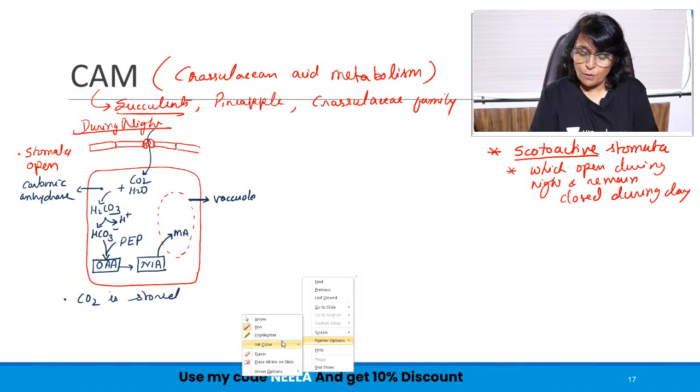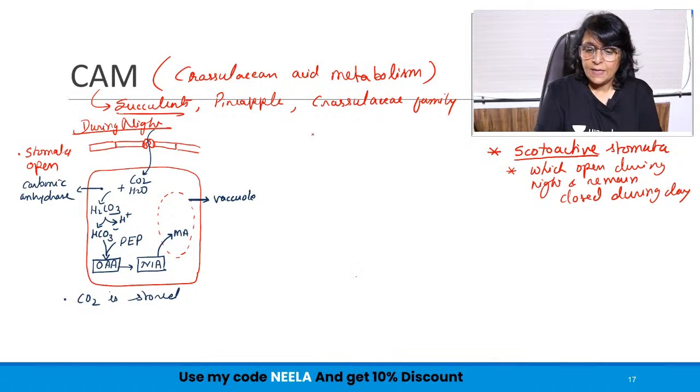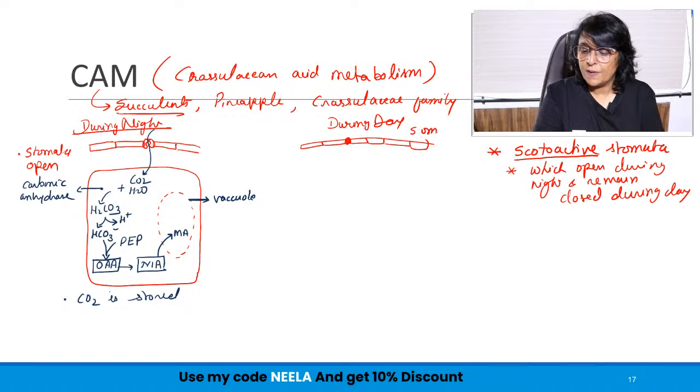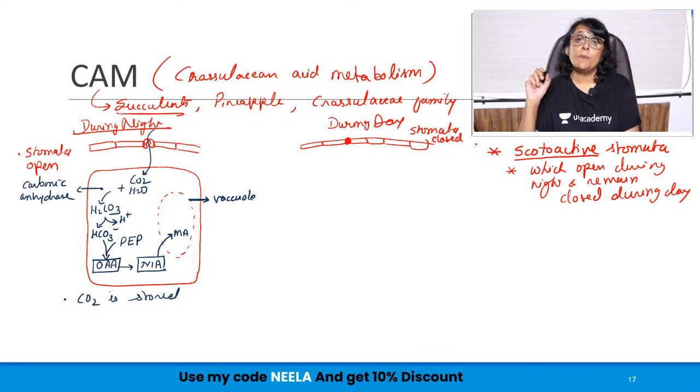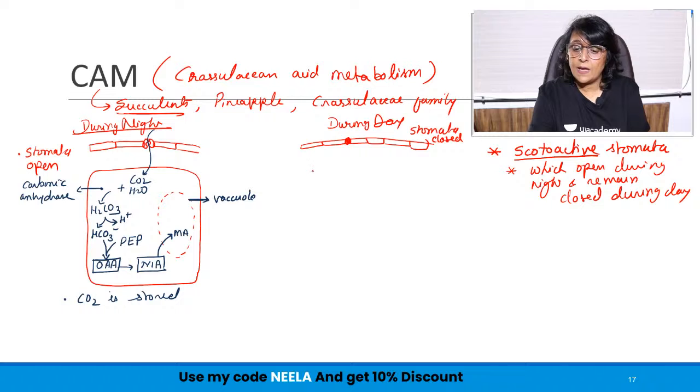Now let us see what happens during daytime. Now during day the stomata is closed. During daytime, here, stomata closed. So because stomata is closed, there is no gaseous exchange.